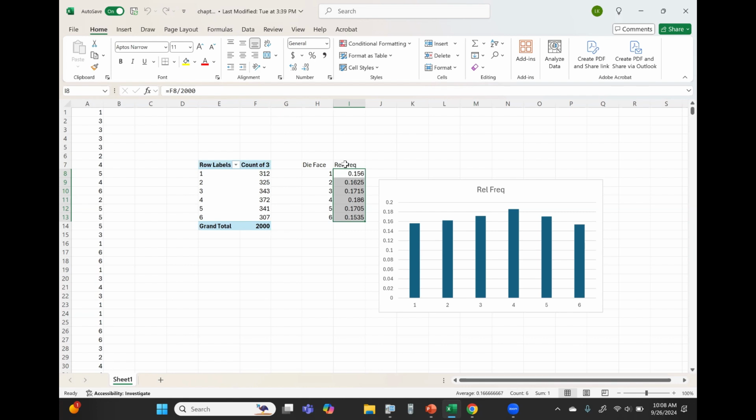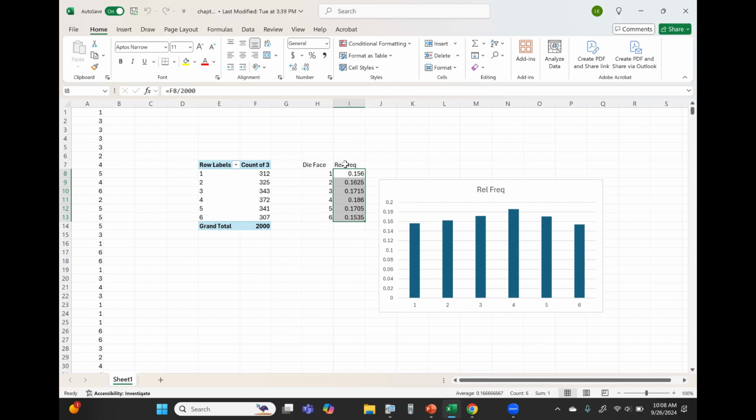I think it's 0.1666 if I remember correctly. So theoretically, the probability of getting a 1, 2, 3, 4, 5, or 6, each of those should be 0.1667, 1/6. But because I'm conducting an experiment, I'm not getting exact results.